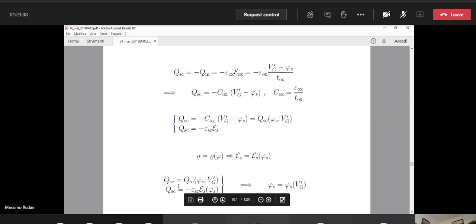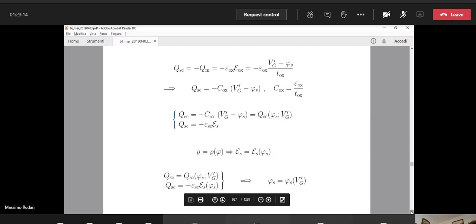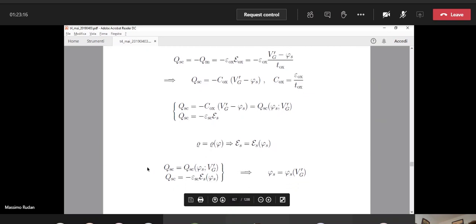So at the end of the calculation that we are going to perform, we shall have two relations. One is the original one, with the capacitance, that relates QSC with phi s and Vg prime. The other one is QSC as a function of phi s.